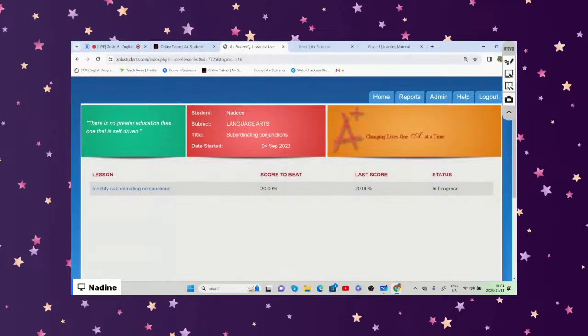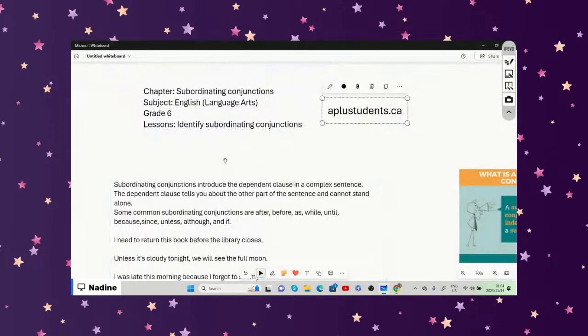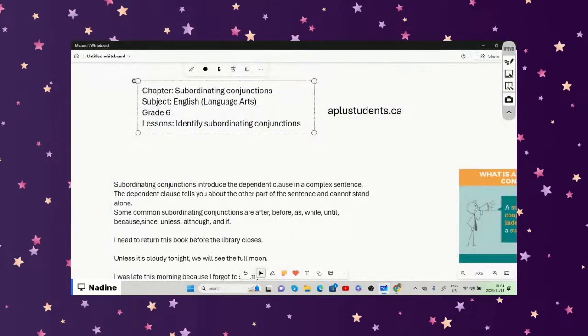So subordinating conjunctions. All right. So we said our chapter is subordinating conjunctions.